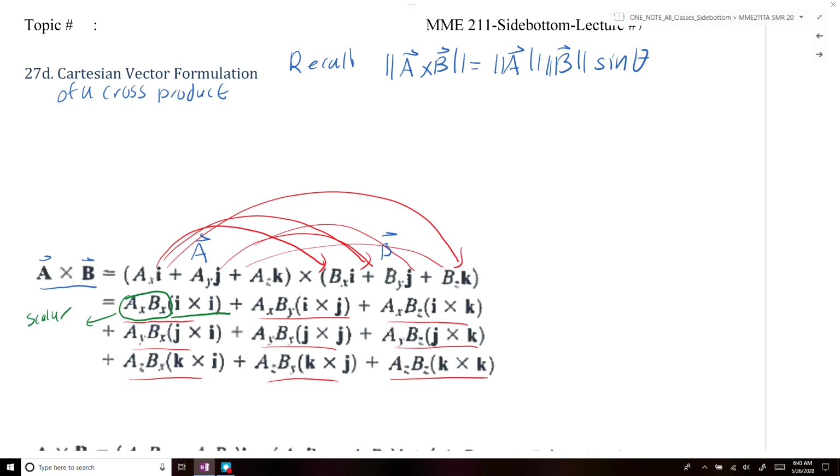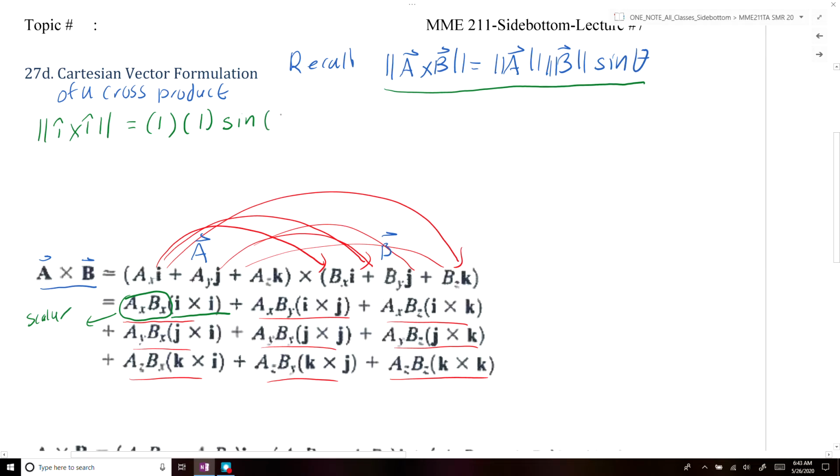So we're going to take the cross products of each of these unit vectors and see what they're going to be equal to based off of the definition that we established in the last video. For example, if we start with i cross i and figure out the magnitude of i cross i, we get the magnitude of vector i, which is 1, times the magnitude of the other vector, which is also equal to 1, and then that's multiplied by the sine of the angle between those two vectors.